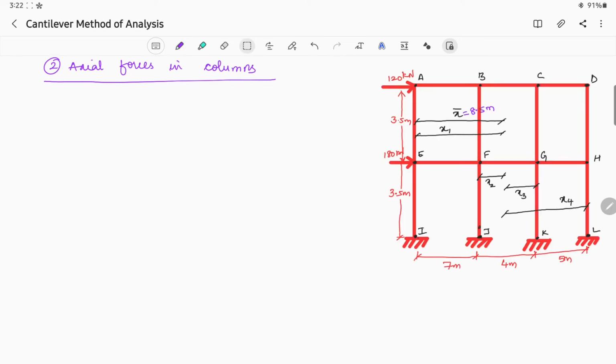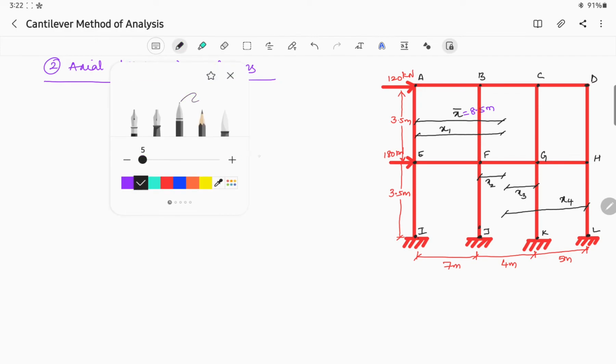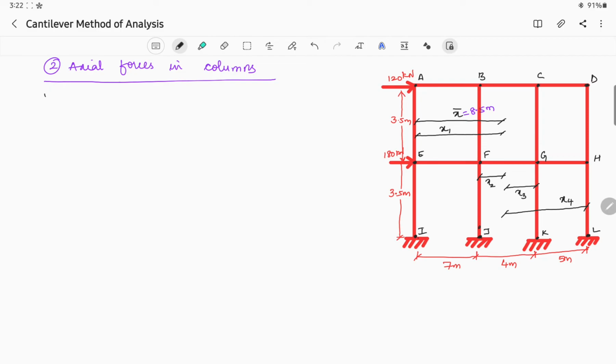So now we will calculate the axial forces in each column. First of all, let us begin with the first story. What do you mean by first story? That is the ground floor. So for story 1, we have to assume the forces.